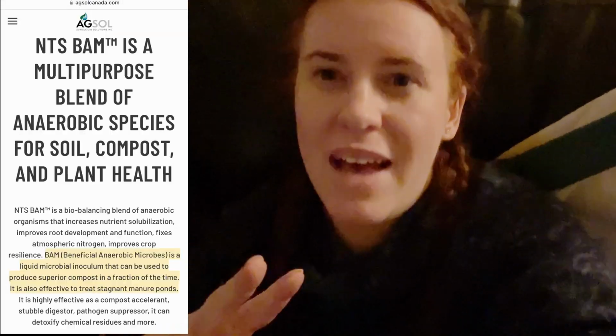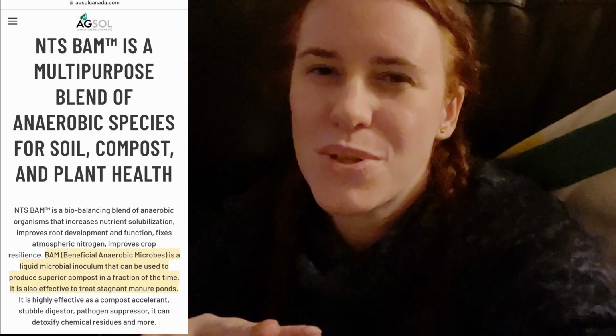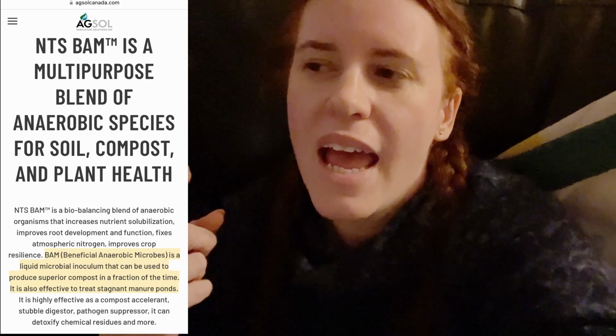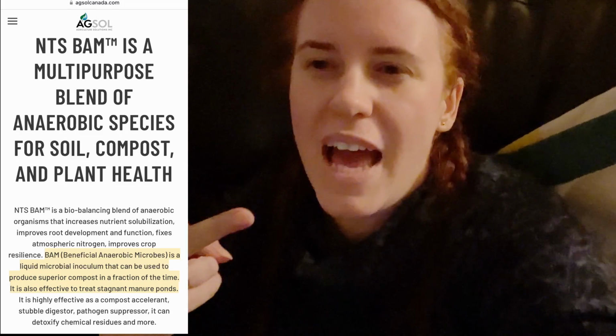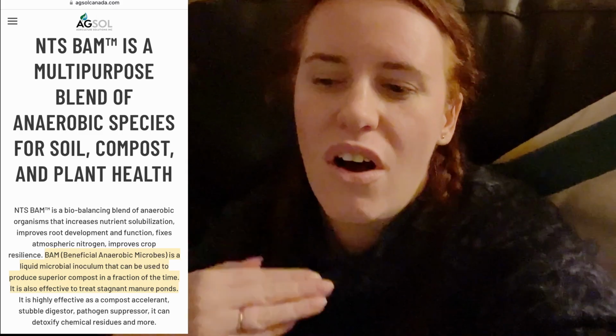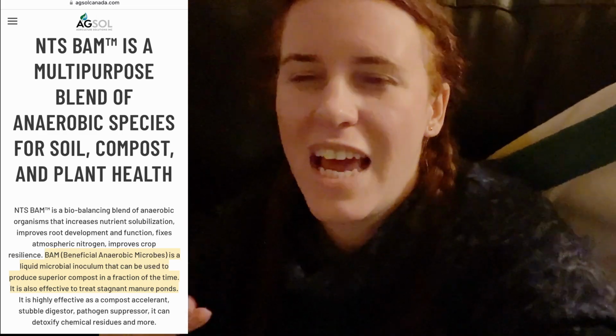If you're going to Google this and look it up, there is an entire company out there that makes a product called BAM. Now, BAM has been studied, and BAM is a product used for agricultural use, not for gardeners typically. It stands for beneficial anaerobic microbes. This product is not a natural concentration of anaerobic bacteria.